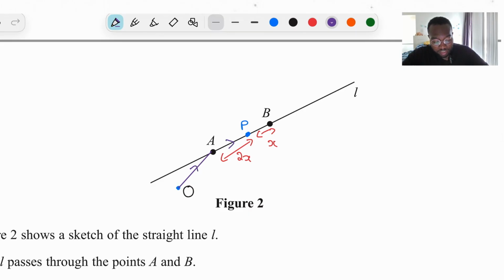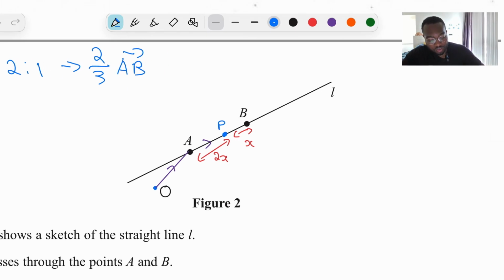But what would that be? If AP is double BP, and I've written 2x plus x so we can visualize it, then it's a 2-to-1 ratio. Therefore, if we want an expression in this case, it's in 3 parts. So AP to AB is effectively 2 over 3 as a fraction. 2 over 3 AB, okay?